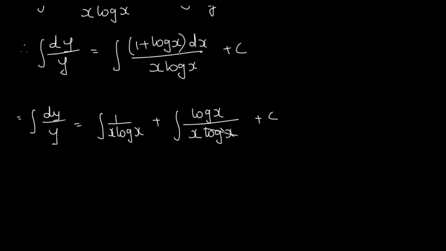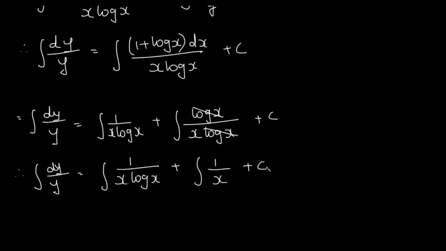Now as you can see, the log x term goes away. So we get integral dy upon y is equal to integral 1 upon x log x plus integral 1 upon x.